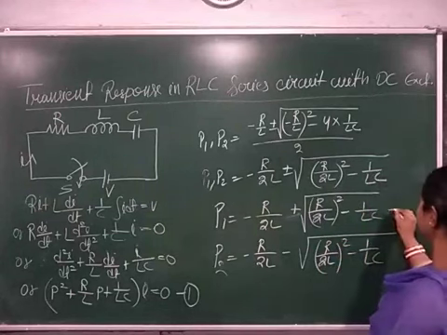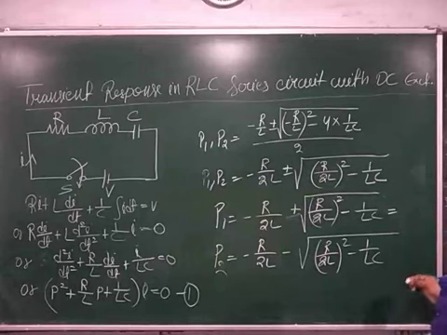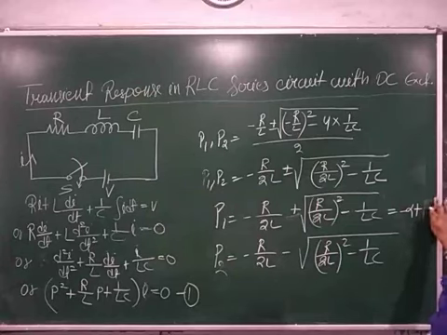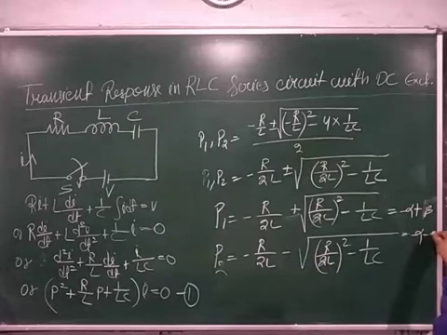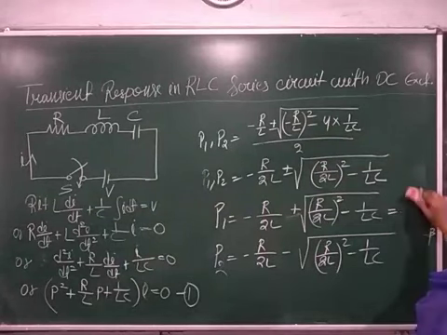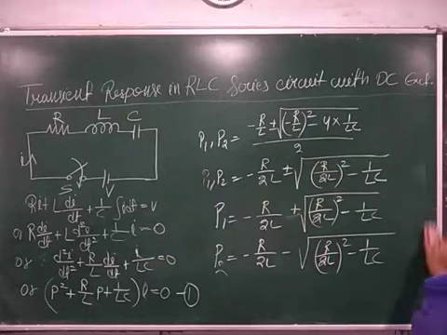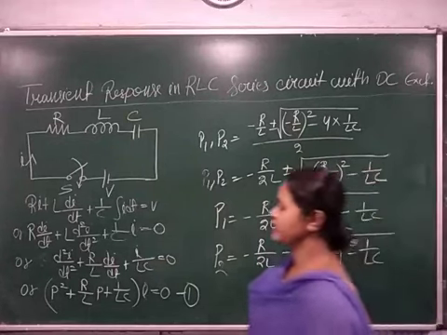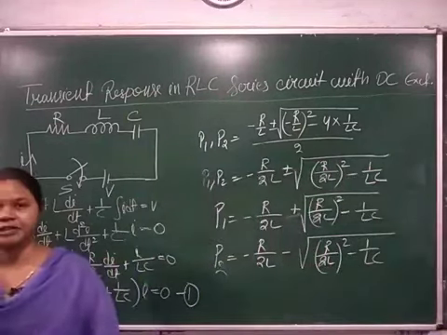Or I may write this equation as minus alpha plus root of alpha squared minus beta, or simply minus alpha minus beta. In this way also I may write this equation. Now here three cases are achieved.